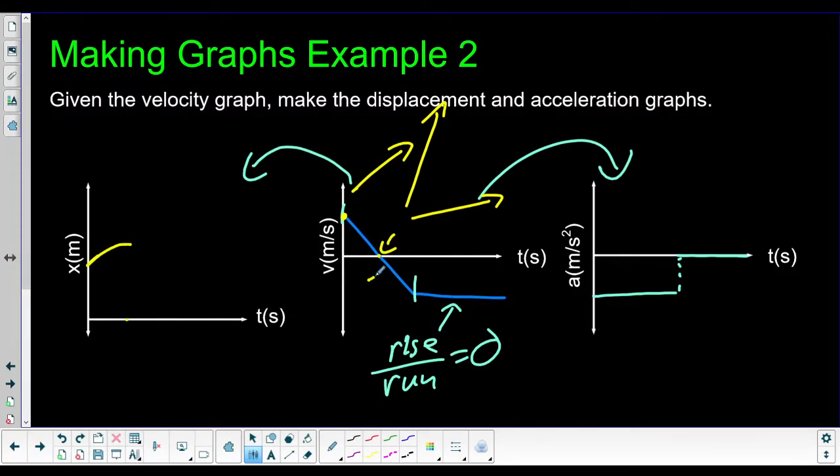Then it continues to curve so that it has a negative value until maybe about here. So it's going to roll over like that. And now that this section is constant velocity, that tells us we need a constant slope, so then it becomes straight.